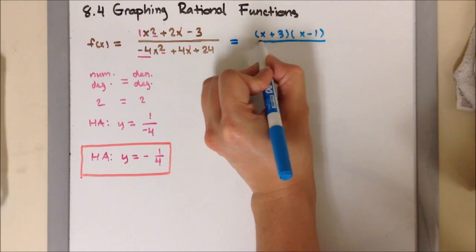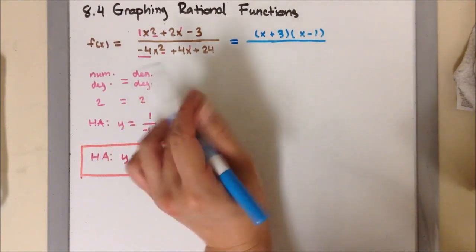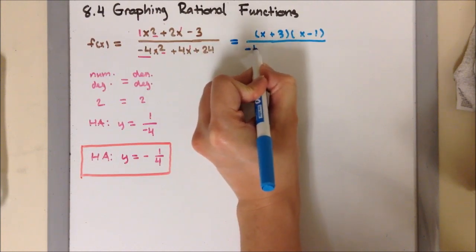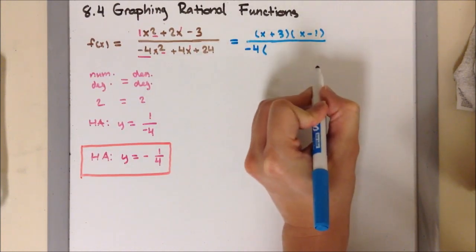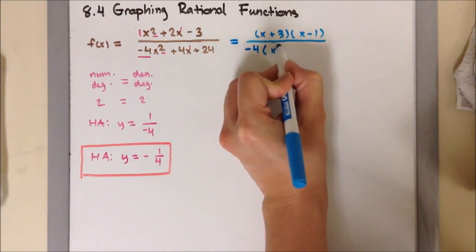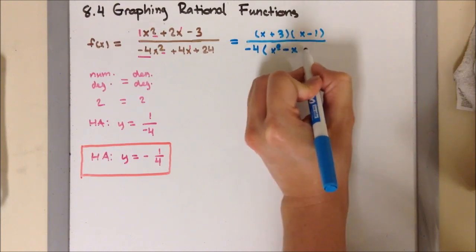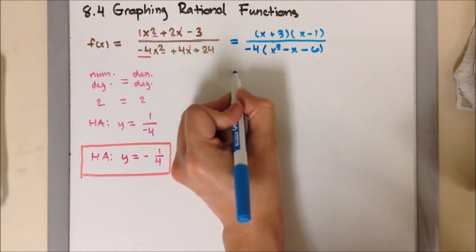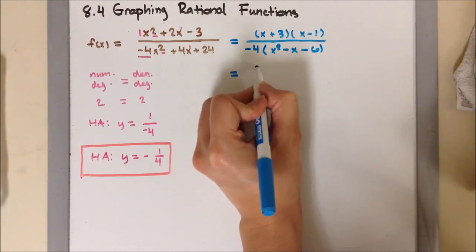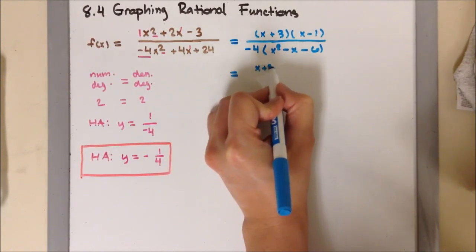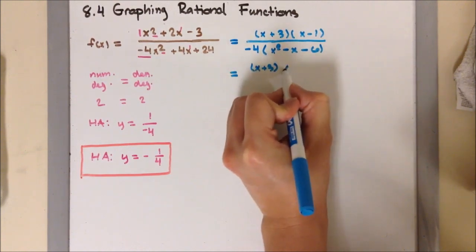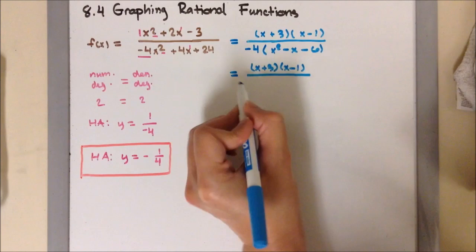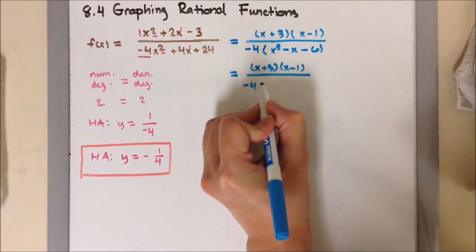Now let's talk about the denominator. The first thing I'm going to do for factoring is I'm going to factor out the negative 4, and I'm going to have x squared minus x minus 6. I still have to factor that part. So again, my numerator stays the same, x plus 3 times x minus 1 over negative 4.